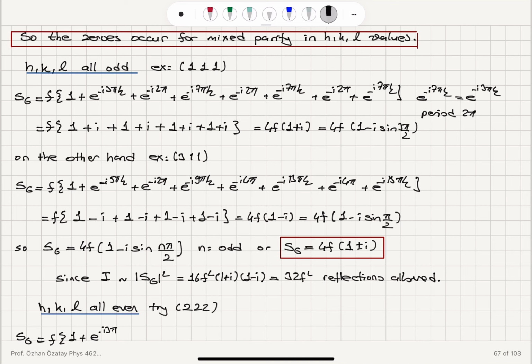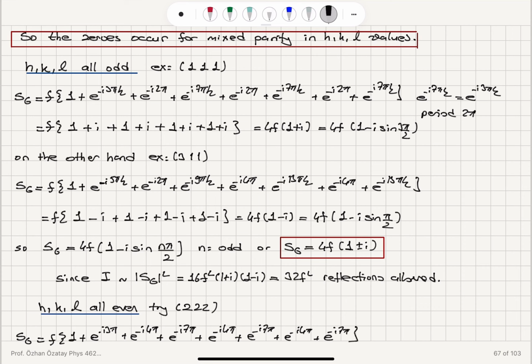If we continue this calculation, the next term is e to the minus i 4 pi, then e to the minus i 7 pi, e to the minus i 4 pi, e to the minus i 7 pi, e to the minus i 4 pi, e to the minus i 7 pi.